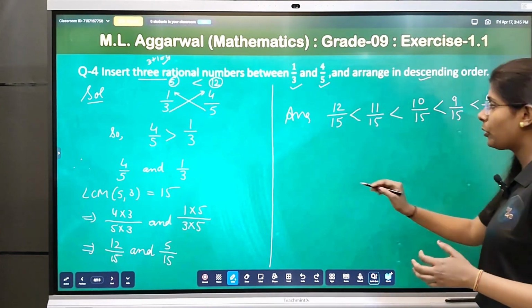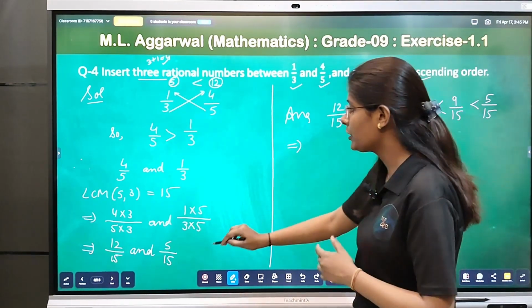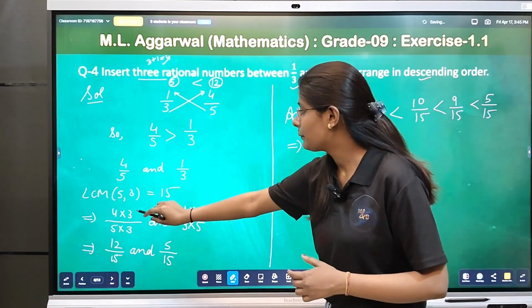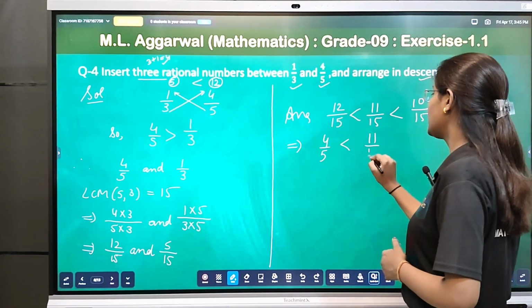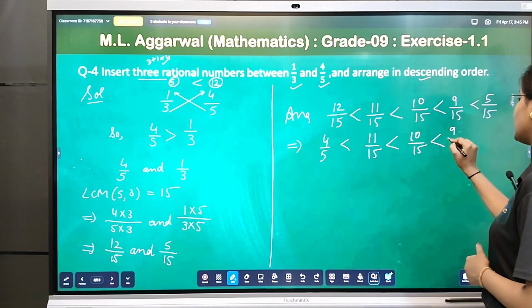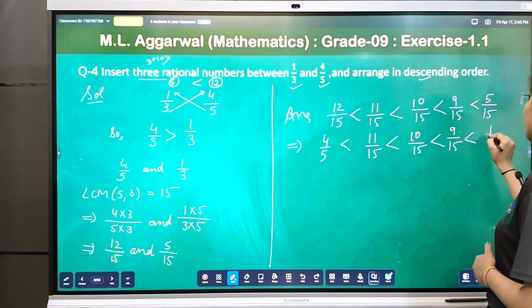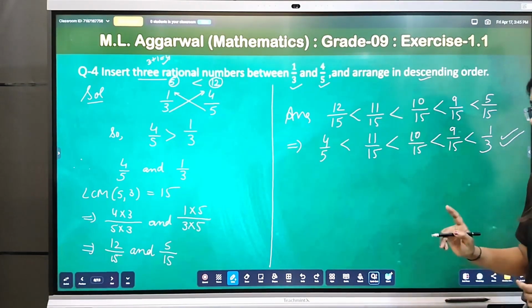If you convert them properly, your final answer should be 12 upon 15, which is nothing but 4 upon 5. Then 11 upon 15, 10 upon 15, 9 upon 15, and the last number is 1 upon 3. That's it. So this will be your final answer.